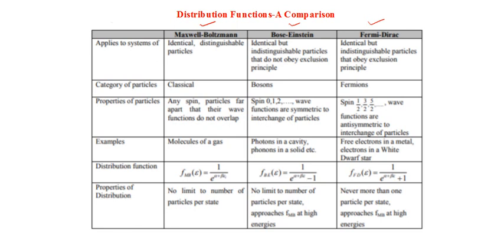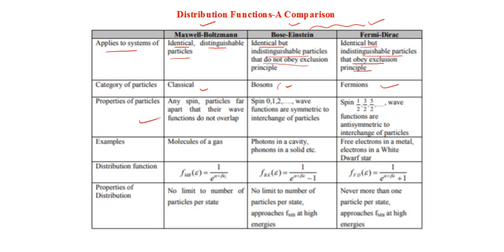It applies to systems of identical distinguishable particles, identical but indistinguishable particles that do not obey the exclusion principle, and identical but indistinguishable particles that obey the exclusion principle. These last two are the quantum statistics. The category of particle: classical, this is the boson, which is quantum, and this is the fermion, which is also quantum.